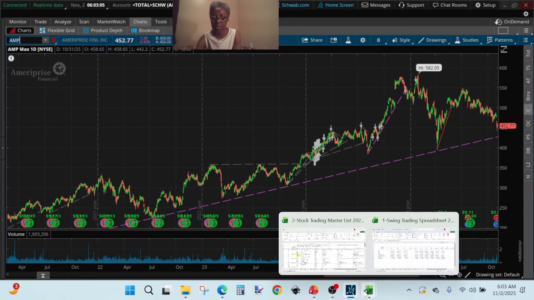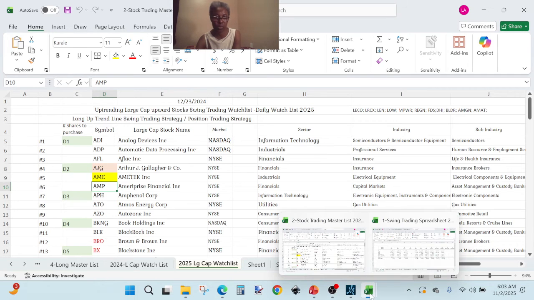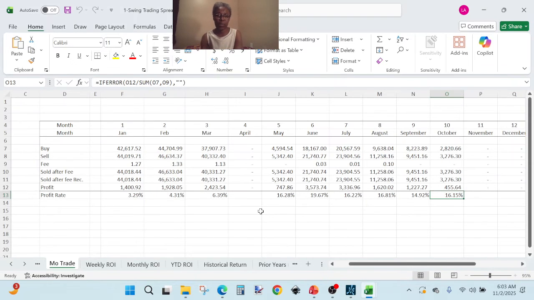So now let's go a little bit to see the ones we sold in 2025, and again we can take a look at this using the long up to long swing trading strategy that we are using in 2025.